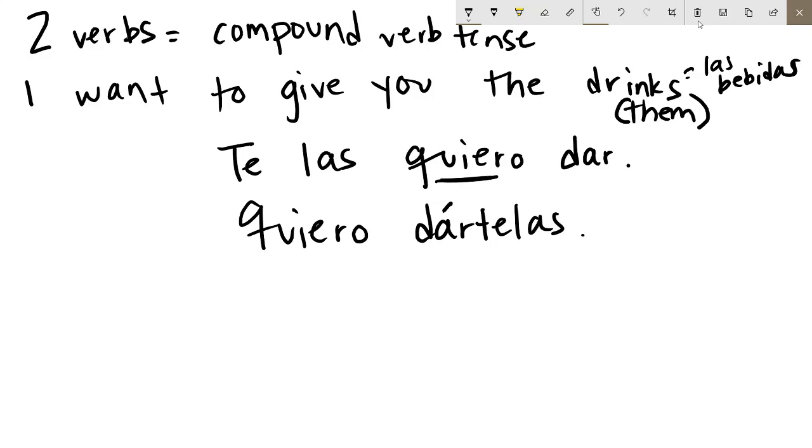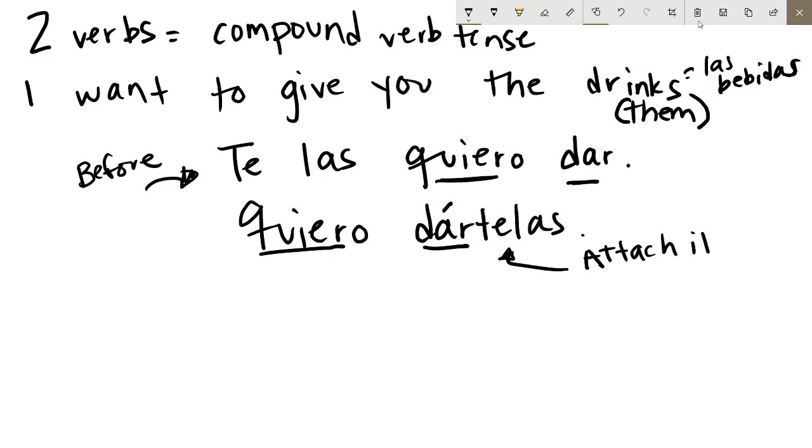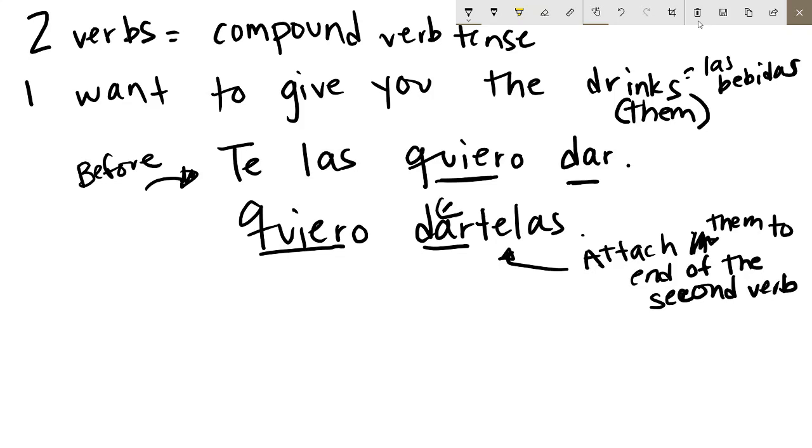Two verbs means I can either put it before, or I can attach it, or them rather, to the end of the second verb.